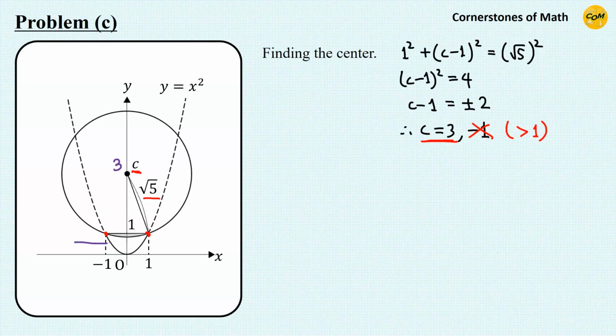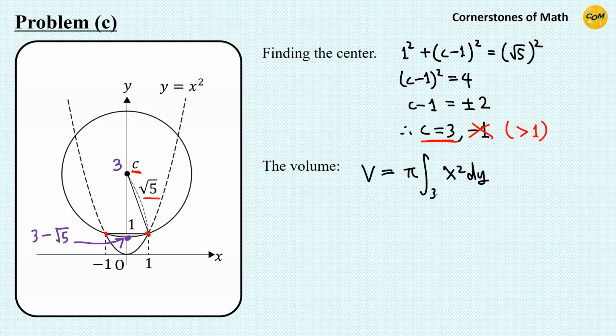This means that the coordinate of the bottom of the sphere is 3 - √5. Therefore, the volume V of the water that overflows is π times the integral of x² dy from 3 - √5 to 1. And since the equation of the circle is x² + (y - 3)² = (√5)², we have x² = 5 - (y - 3)².